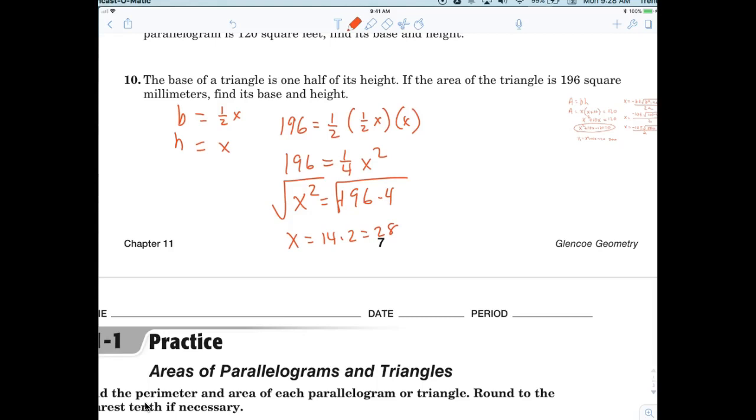But most of you know the square root of 196 is 14, and most of you know the square root of 4 is 2. So now 14 times 2 is 28. That's the most efficient way to do that.